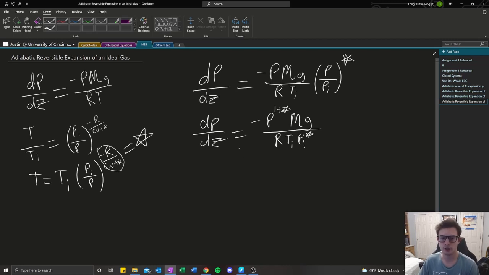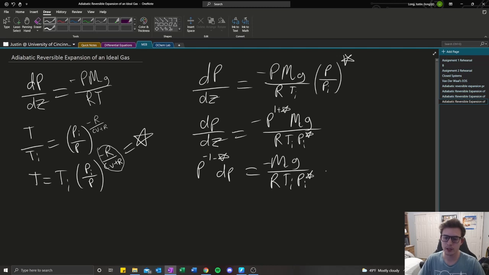Now we want to get our pressure on the same side and our dz over here. So we multiply that over and divide this over. We end up with P to the negative 1 minus star dP, and that is equal to negative molecular weight times g over R times initial temperature, initial pressure to the star, times dz.